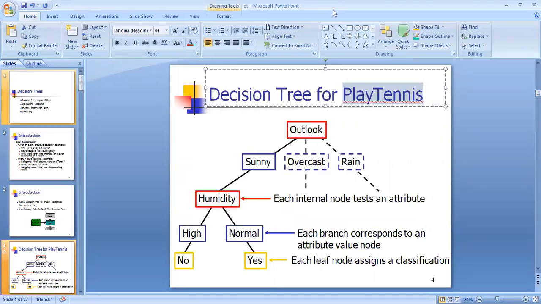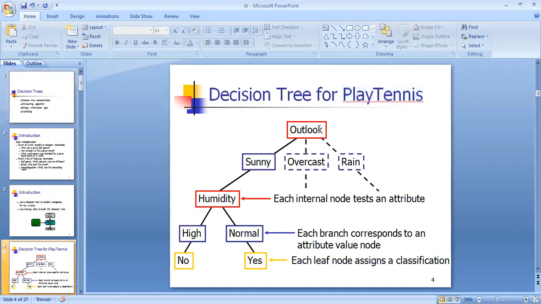First, the outlook, whether you have to play tennis or not. You have three outlooks: one is sunny, one is overcast, and the other one is rainy.